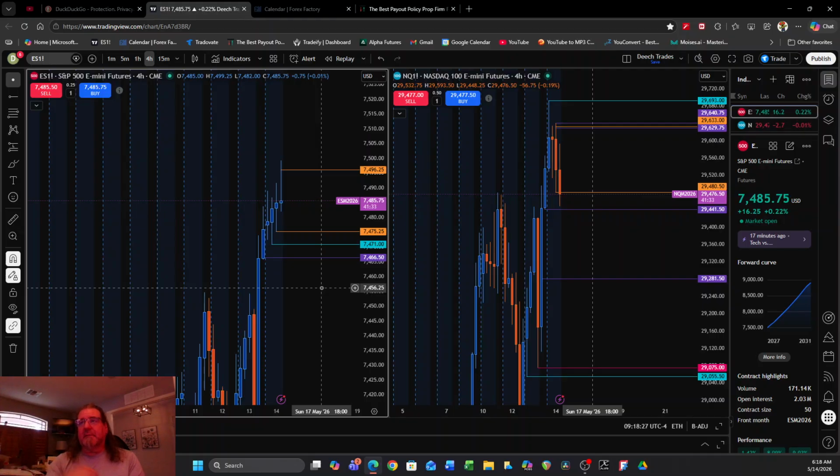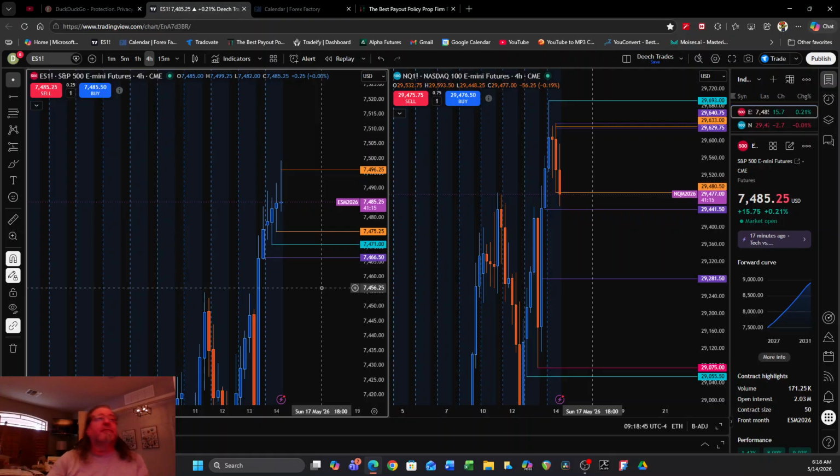We still got 40 minutes left on this candle, which gets us past market open, so we can see what happens at market open. But I think my bias actually for the day is going to be something more bearish.